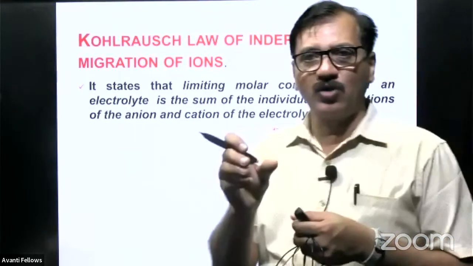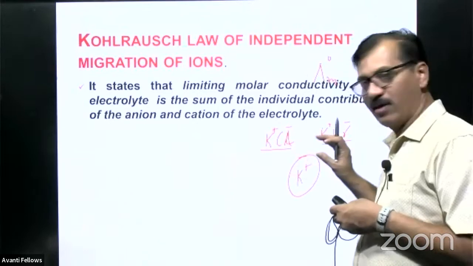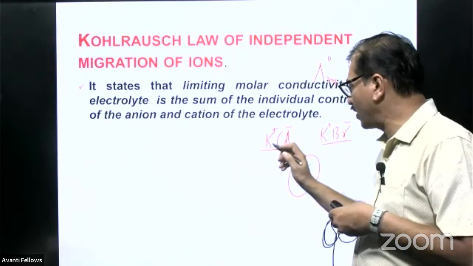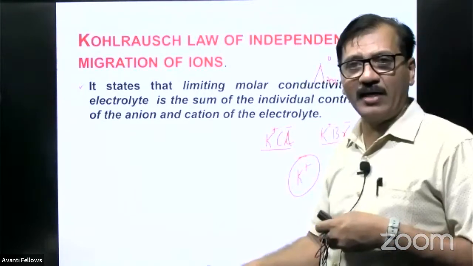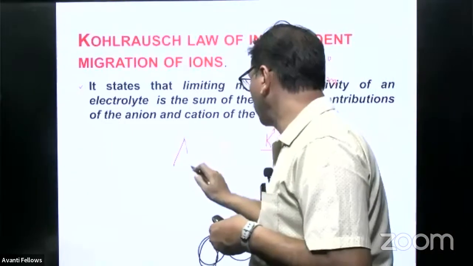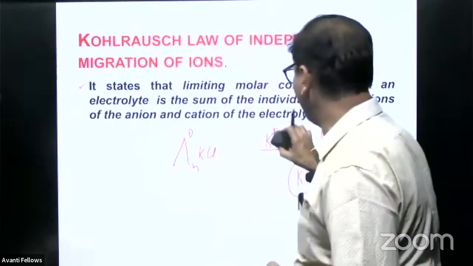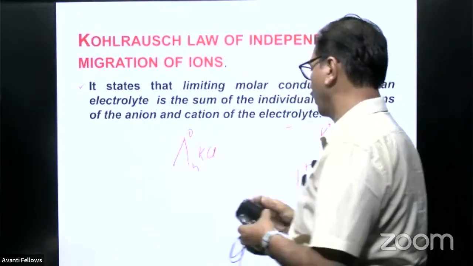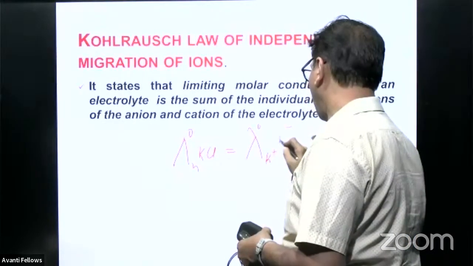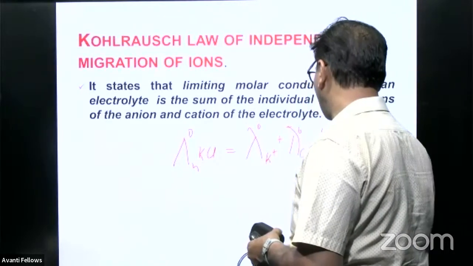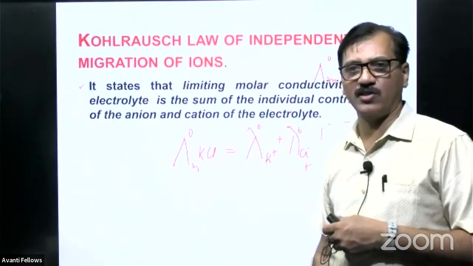It contributes the same amount to the conductivity, whether it is in KCl or KBr. Therefore, at infinite dilution, the lambda m0 of KCl can be written as the sum of the ionic conductivity of K plus ion and the ionic conductivity of Cl minus ion. We can write an expression like this. This is from Kohlrausch's law.